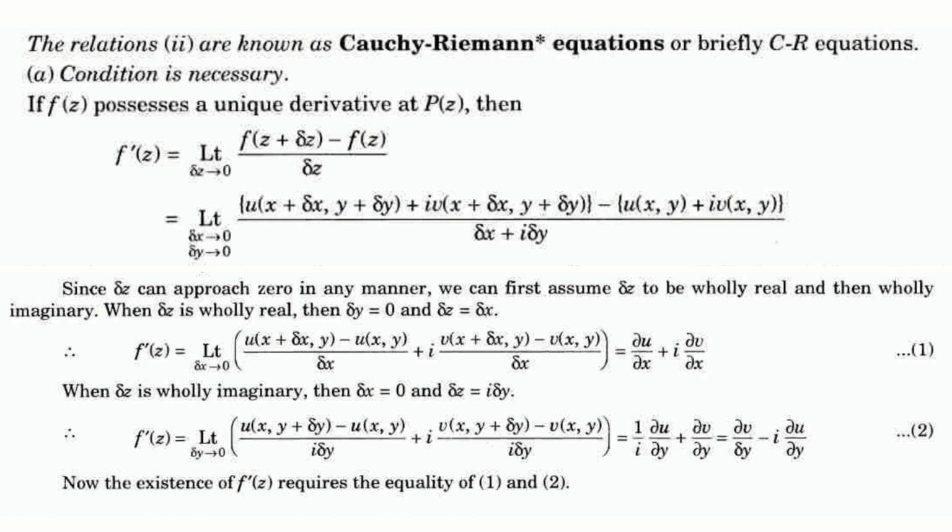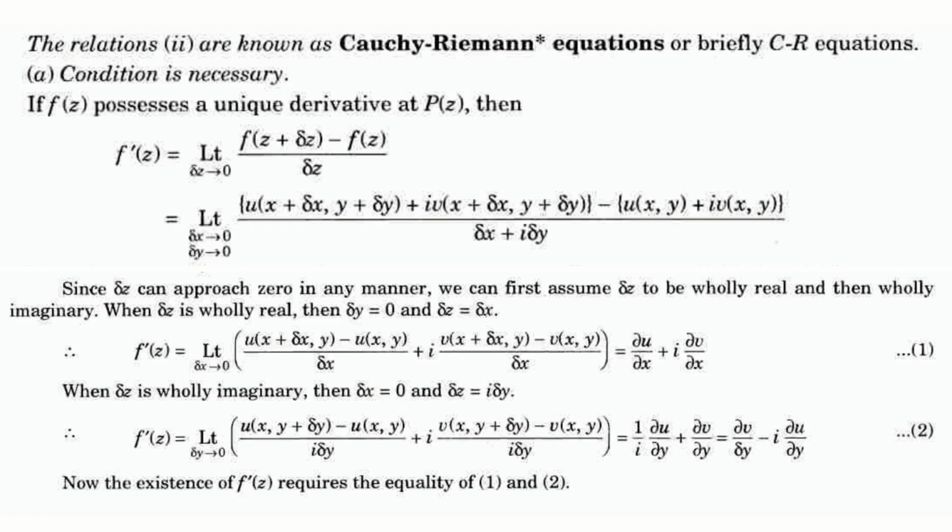So here the Cauchy-Riemann equations are for this. Let's suppose these conditions, the Cauchy-Riemann equations, are necessary. Let's prove that the CR equation is necessary for the derivative to exist. Suppose f(z) possesses a unique derivative at z0.